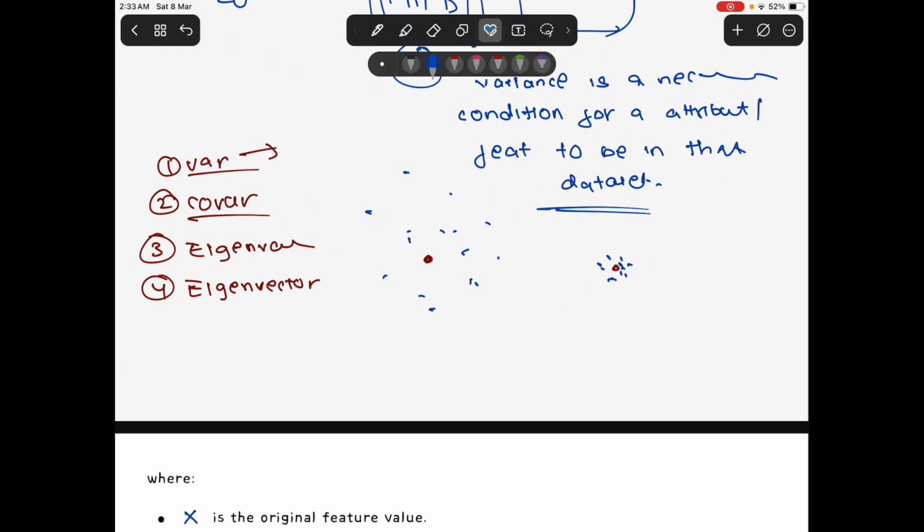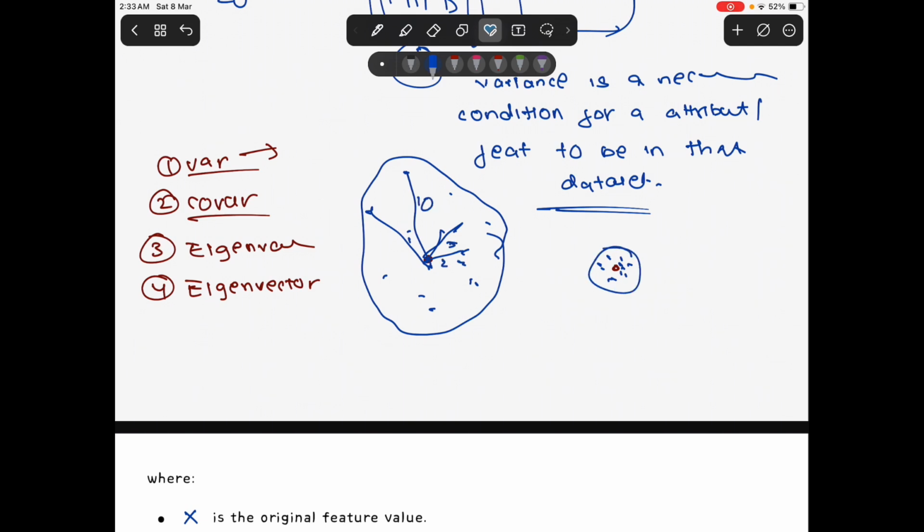As you can see, in example 1 it is covering more area, and the distance from the mean is different for all the data points, like 10, 5, 2, 3. But in this case almost all the data points are gathered near the mean. So this one has high variance, this one has low variance.